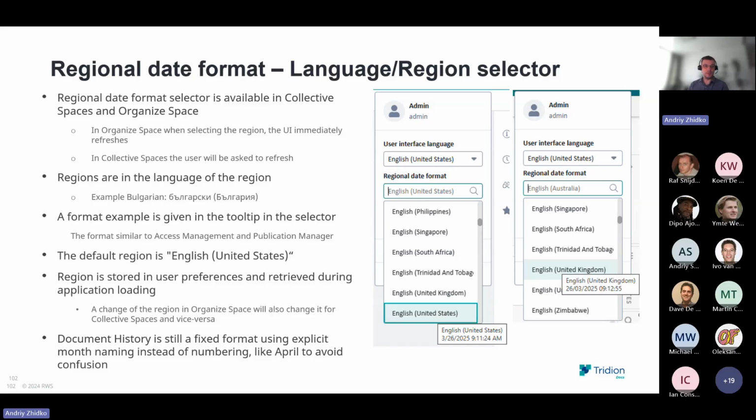They do display regions in the language of the region, and the format that we are using is displayed in the tooltip, as you can see here. When you hover over the format, it shows you how it will be displayed.